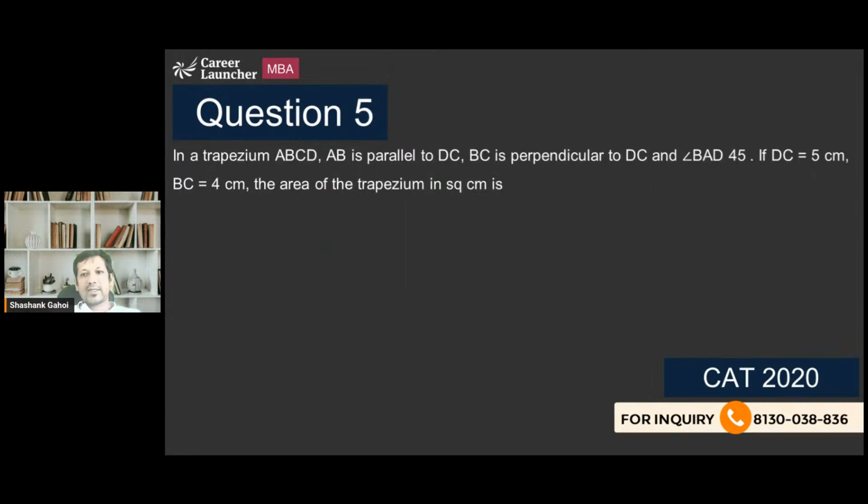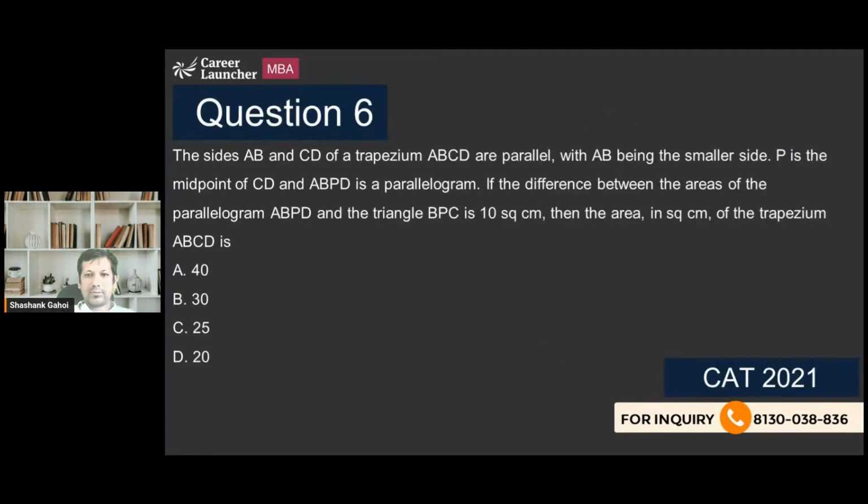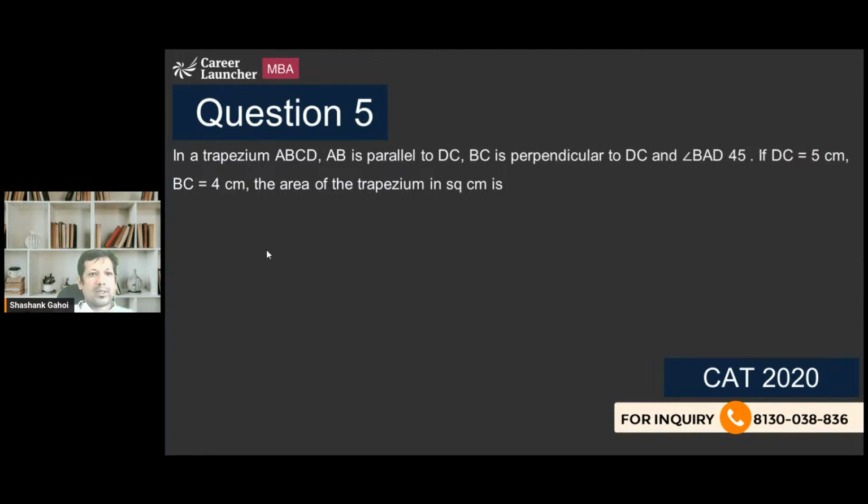Now let's move on to the next one. What does it say? In a trapezium ABCD, AB is parallel to DC and BC is perpendicular to DC.